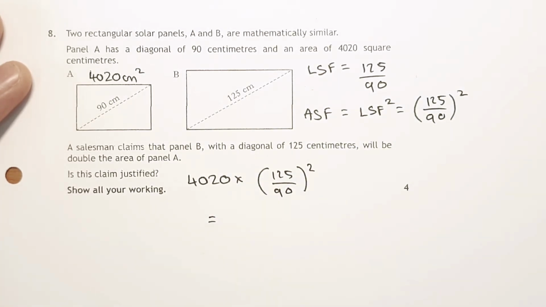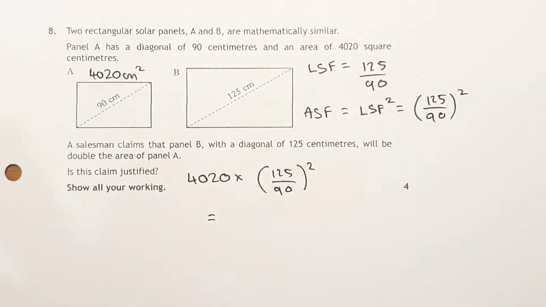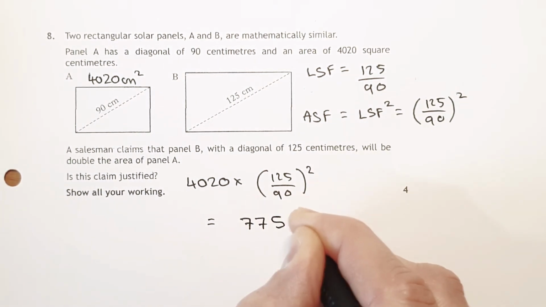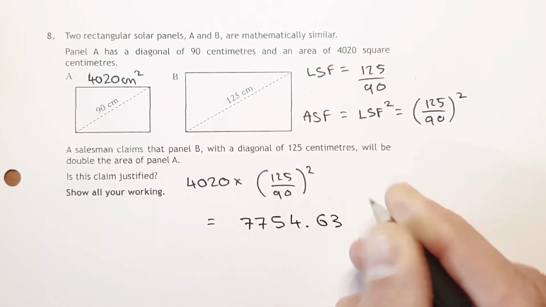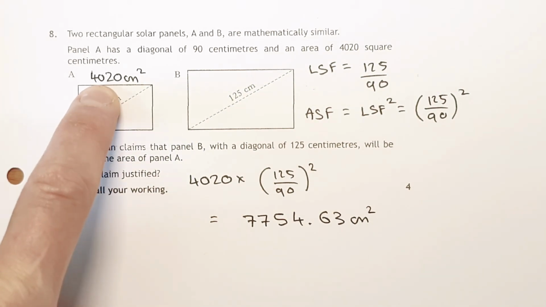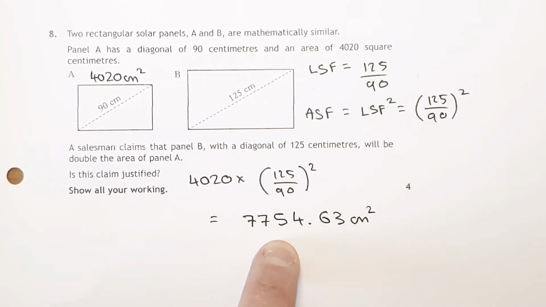So 4020 times 125 over 90 squared comes to 7754.63 square centimetres. Well, if we double that, you get bigger than that. So it's not double the size.